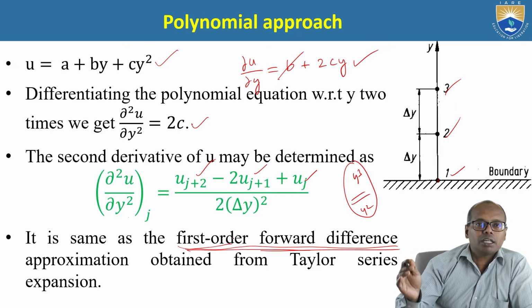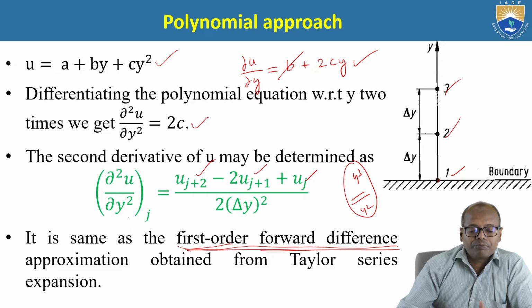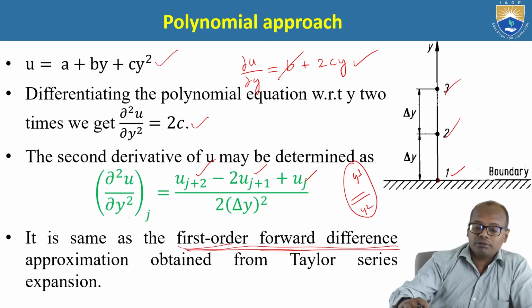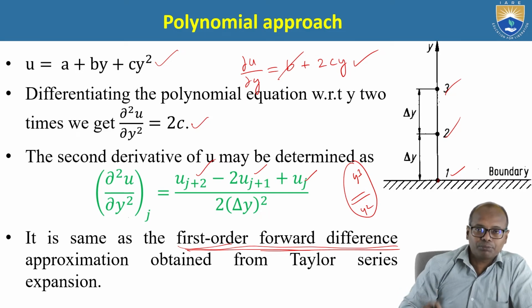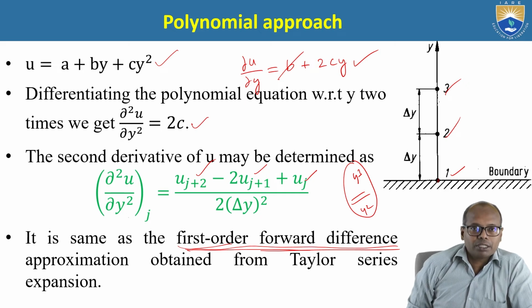Because the y square terms are neglected in the Taylor series. So this is about the finite difference approximation when the grid is equally spaced, called a uniform grid or equally spaced grid.